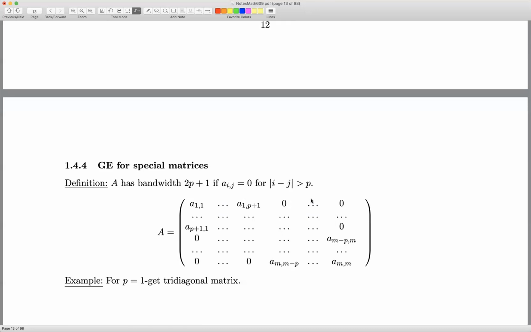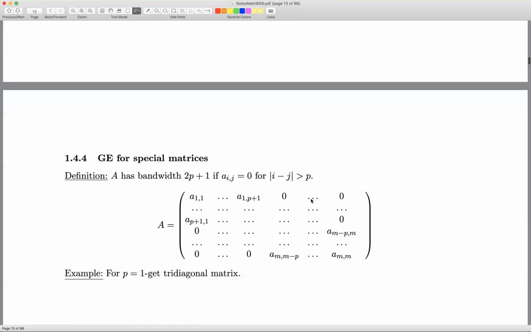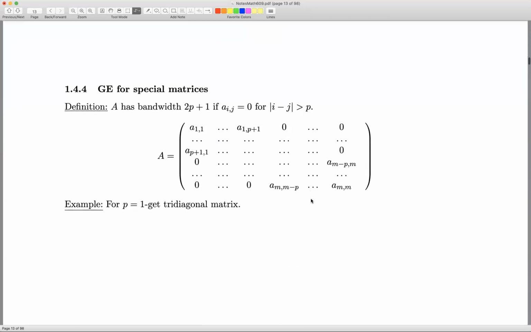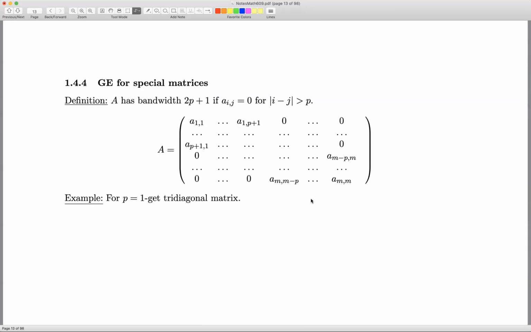Before moving to the definition of a tri-diagonal matrix, we'll talk about the definition of a matrix with bandwidth. So a matrix A is said to have a bandwidth 2p plus 1 if the entries of the matrix are 0 outside of the diagonal band.